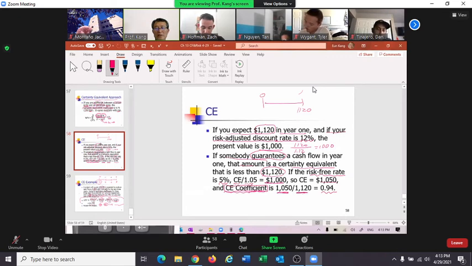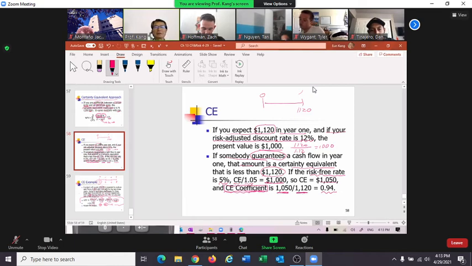Then you find the certainty equivalent cash flow using the risk-free rate. Then you calculate the certainty equivalent coefficient by dividing the risk-free cash flow by the risky cash flow, right?